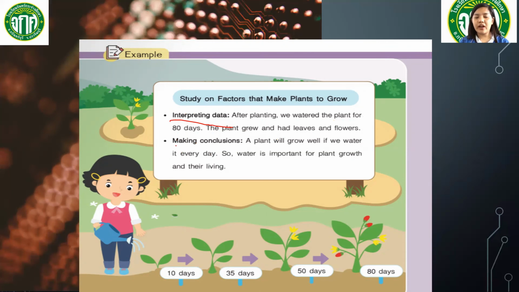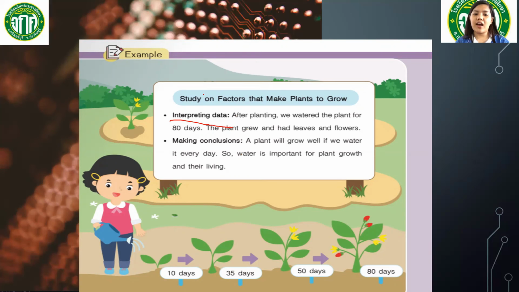Now we are going to make conclusions. A plant will grow well if we water it every day. So water is important for plant growth and their living.